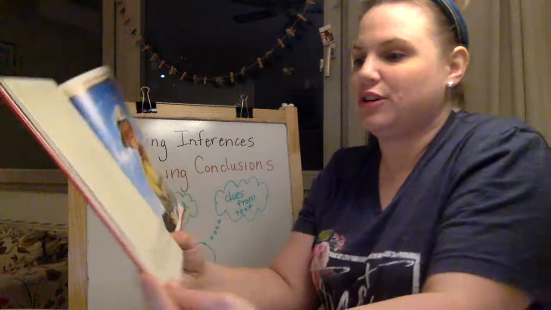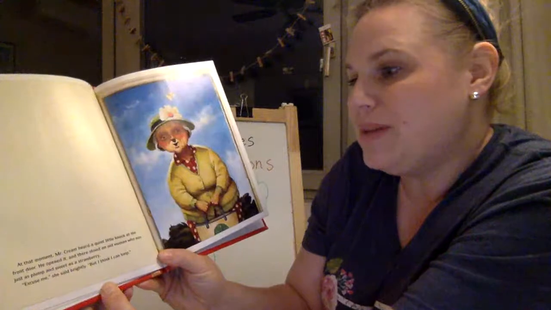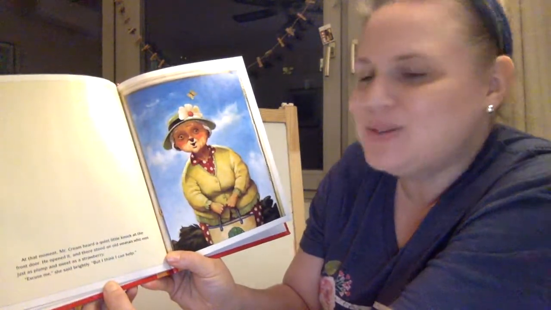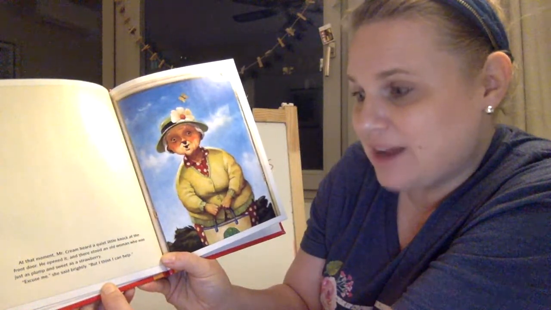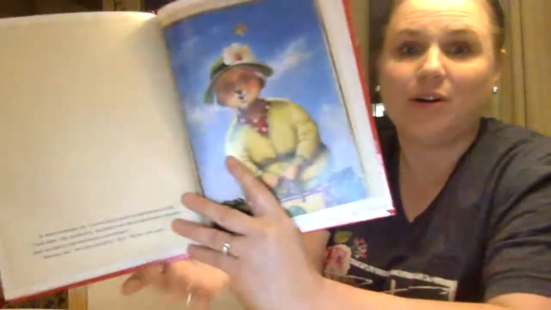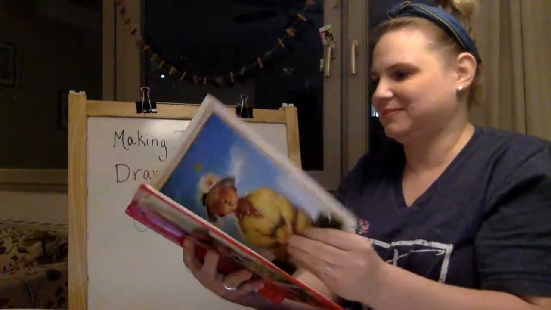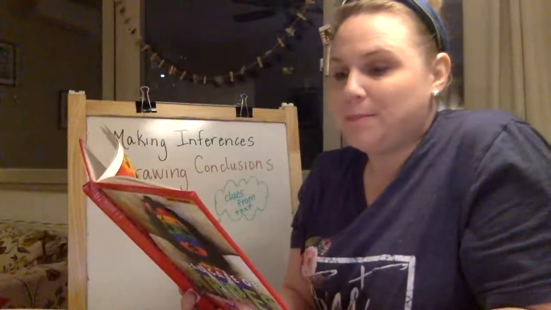At that moment, Mr. Cream heard a quiet little knock at the front door. He opened it, and there stood an old woman who was just as plump and sweet as a strawberry. "Excuse me," she said brightly, "but I think I can help." She went into Camilla's room and looked around.